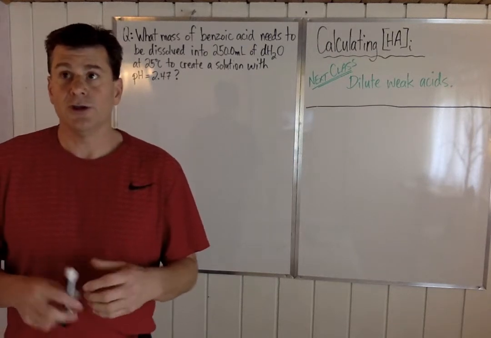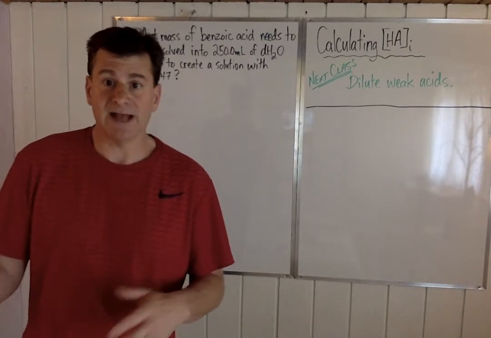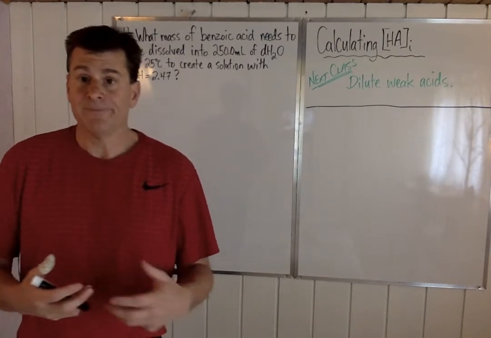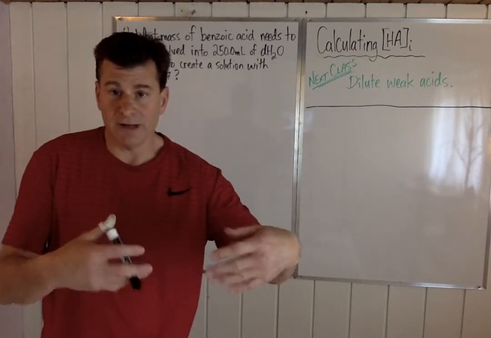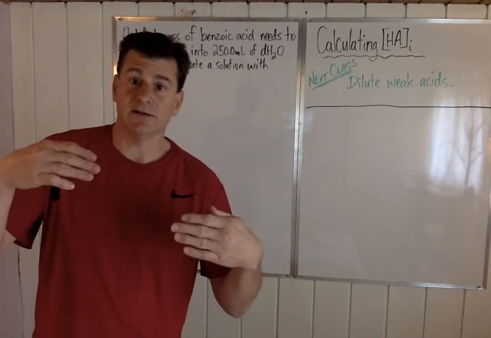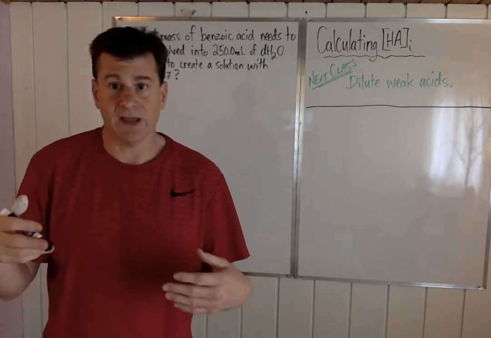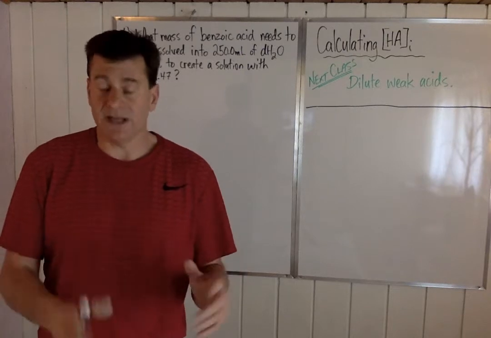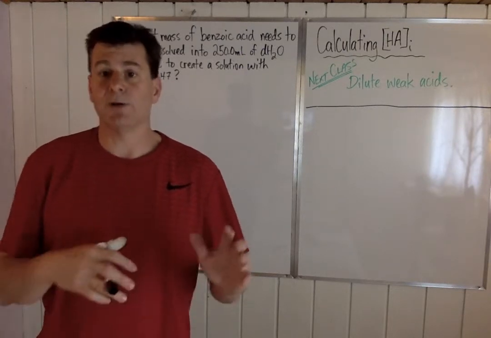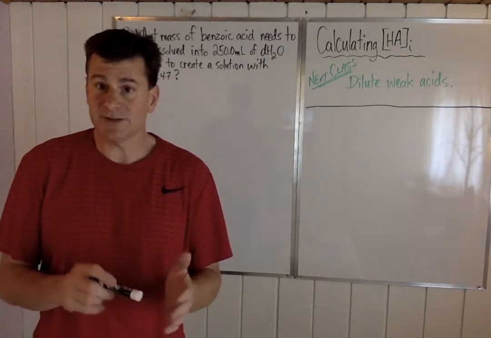So you know what you want it to finish at. You just don't know how much acid you put in to get there. Thinking of an ICE table, you know what you want on your E line, you just need to figure out what to put on the I line. The ICE table is what you need to be able to use the K expression and calculate using Ka, and those are in concentrations.